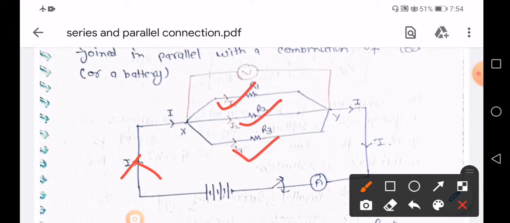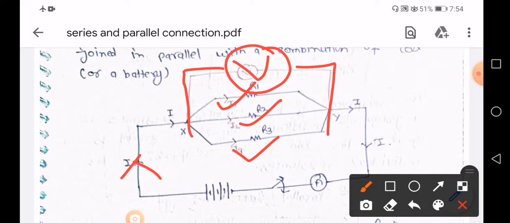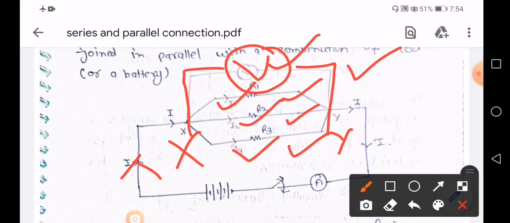A voltmeter is connected across these resistances, in other words between X and Y. The voltmeter measures the voltage across R1, across R2 and across R3, and it measures the same voltage across all of them.